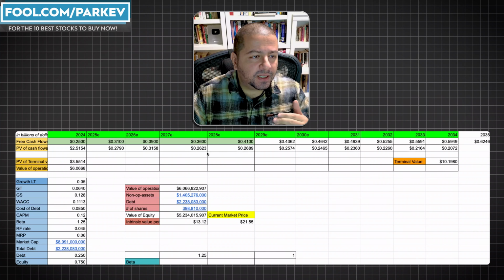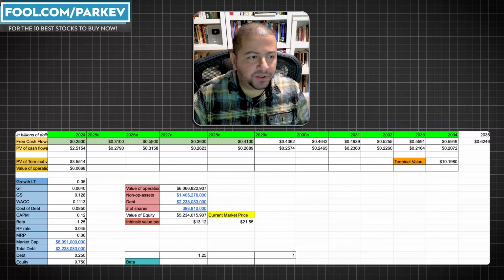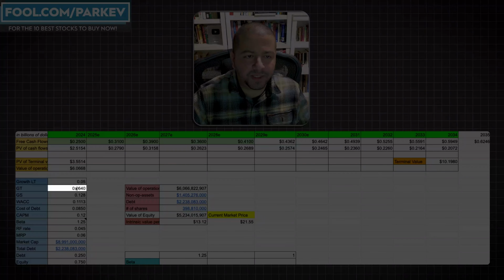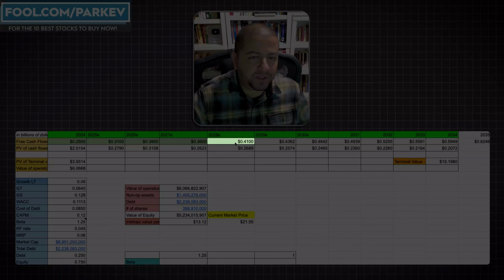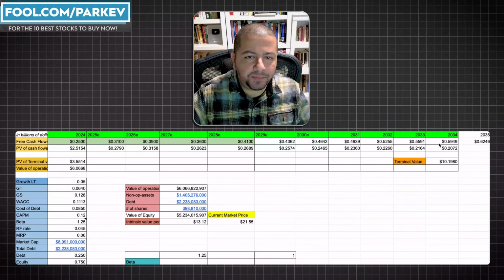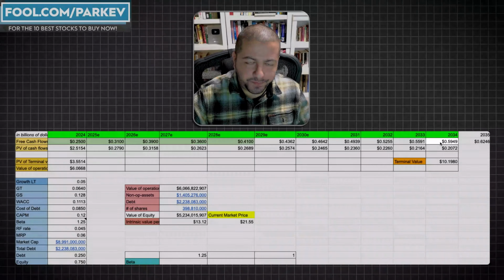And that growth rate would be 12.8% per year from 2024 to 2028. From 2029 to 2034, I forecast the company's free cash flow growing at a 6.4% rate in those years. That would cause the free cash flow to rise from 410 million in 2028 up to 595 million in 2034.